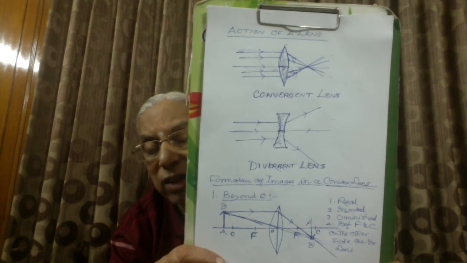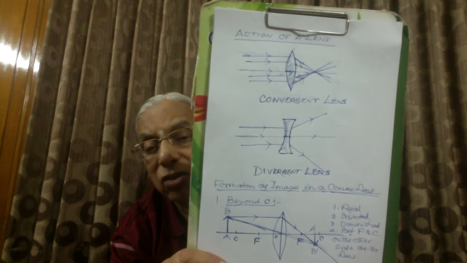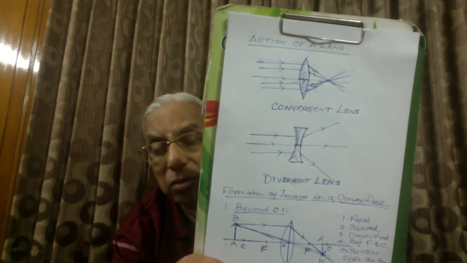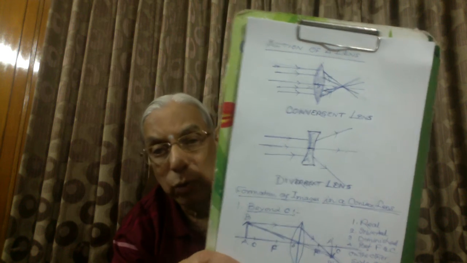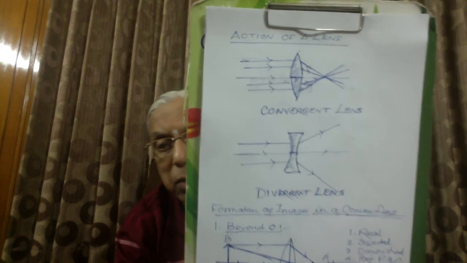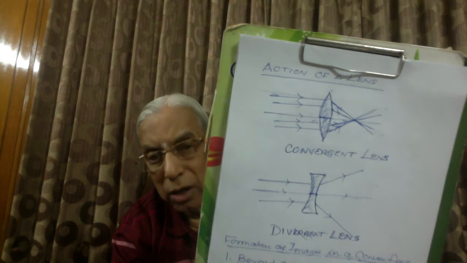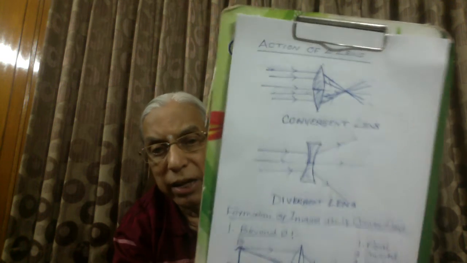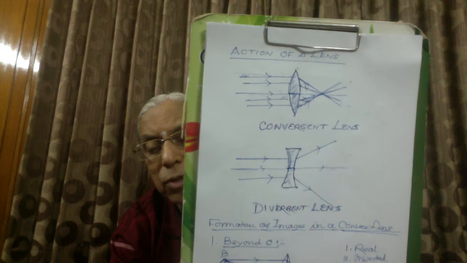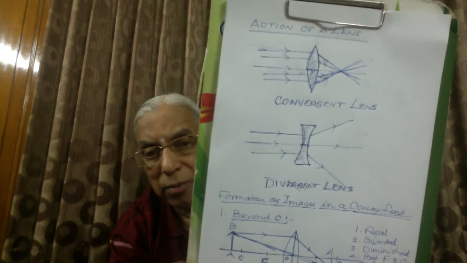So a convex lens is also called a convergent lens and a concave lens is also called a divergent lens, because a convergent lens focuses all the rays coming out of it to a point, while here the rays move away from a point. You'll see that very clearly in the figure.